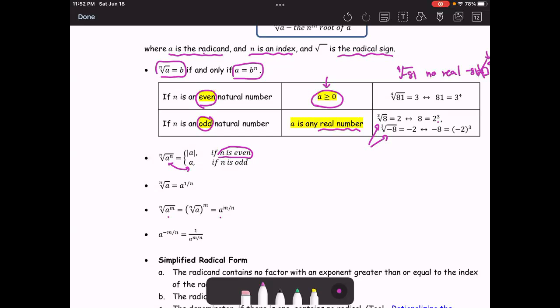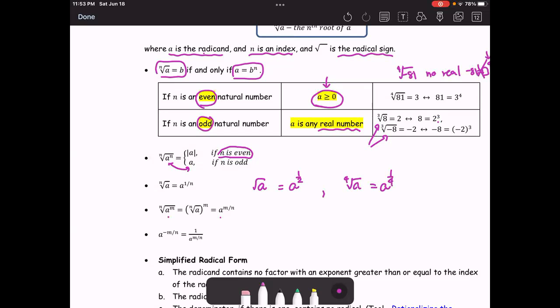The notation of the nth root of A is equivalent to A raised to the power 1 over n. For example, the square root of A is the same as A to the power 1/2, or the fourth root of A equals A to the power 1 over 4.